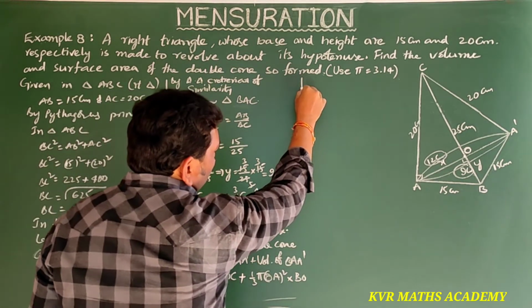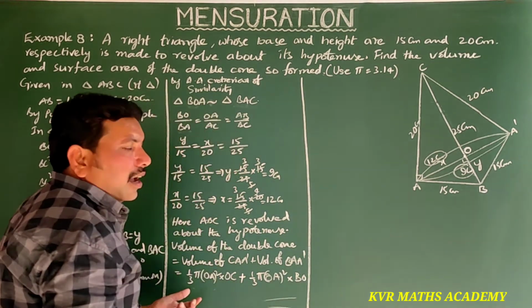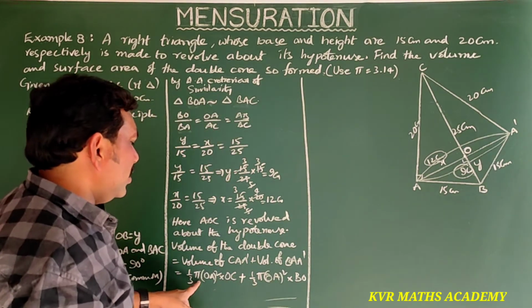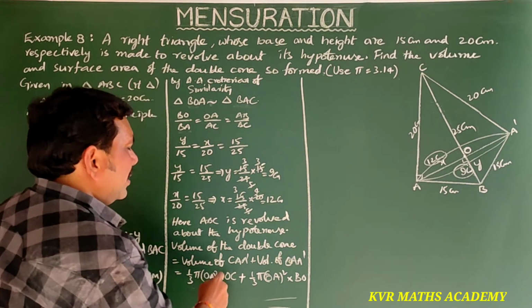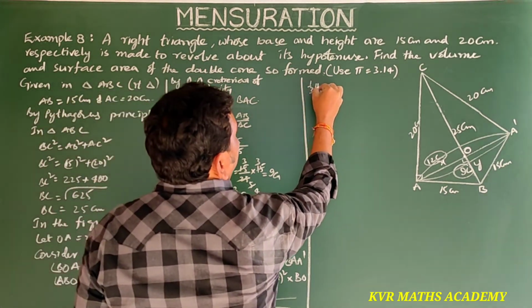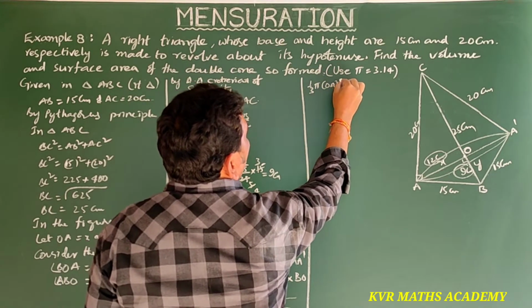So from here, are you following properly? Yes. So here 1/3 pi OA square is common.